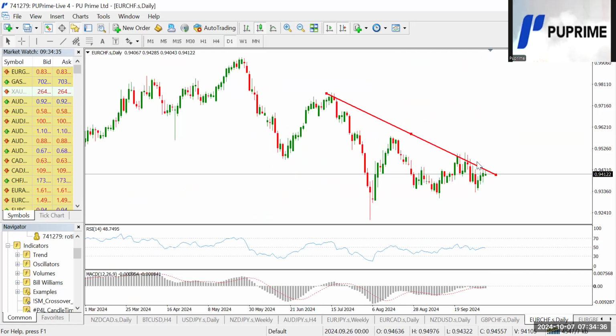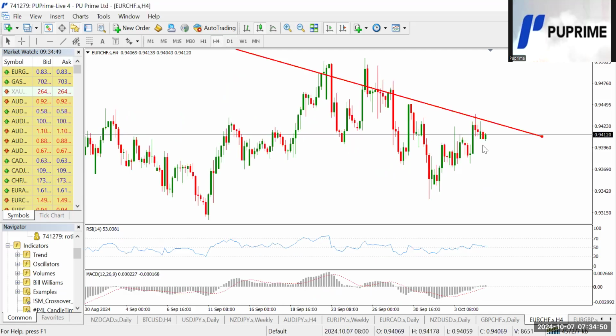We have this descending trend line on Euro CHF, and the candle that closed last week closed as a rejection candle. So we're expecting a bearish continuation today. It's intraday. That's on the daily. So if we flip over to the 4-hour, we can clearly see that we have a rejection candle there, which is also indicative that we should be looking for an opportunity to sell the Euro CHF.